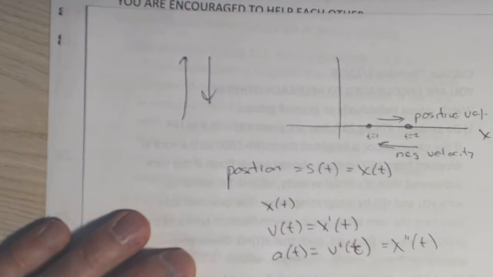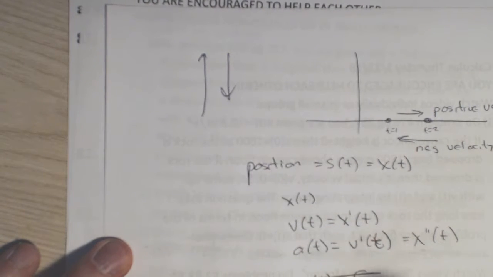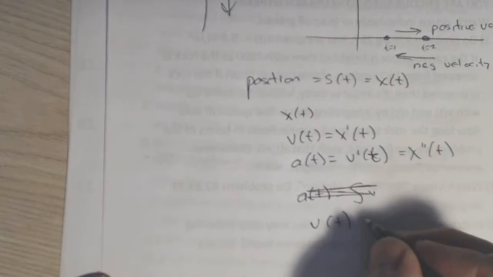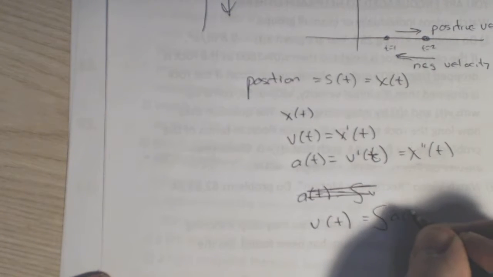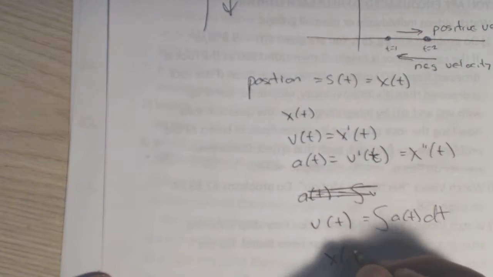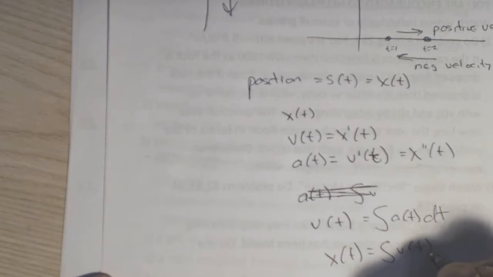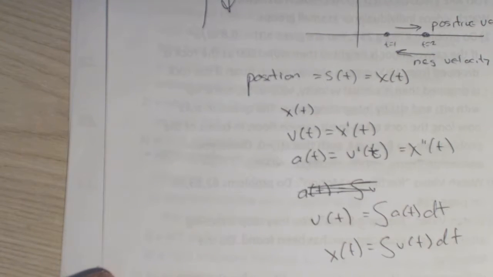We should know from our previous work that if you start at acceleration and you want to get to velocity, you integrate. Velocity is equal to the integral of acceleration. And position is the integral of velocity. So those are the facts you're going to use.